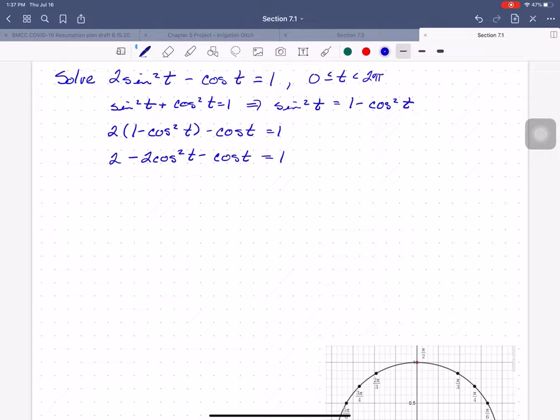Let's move everything to the right-hand side. So I'm going to end up with 0 equals 2 cosine squared t plus cosine t minus 1. This will factor as 2 cosine t minus 1 times cosine t plus 1, and that equals 0.